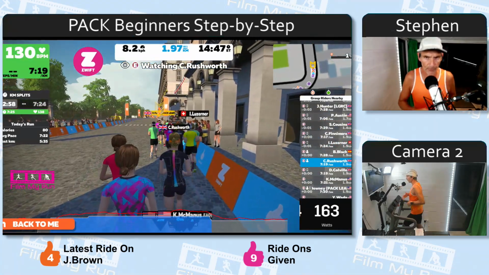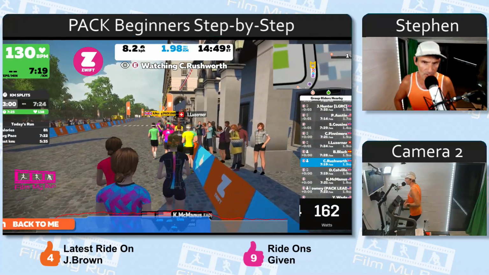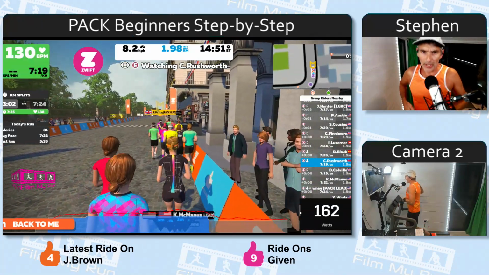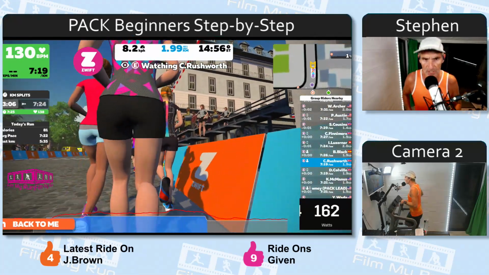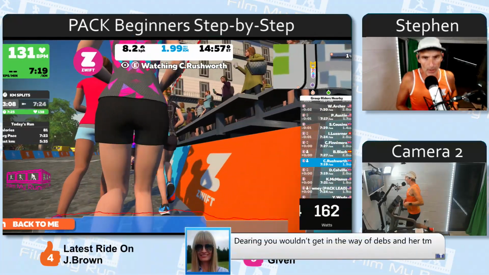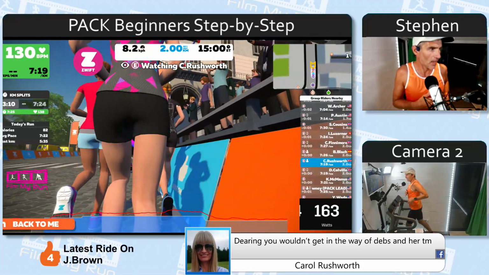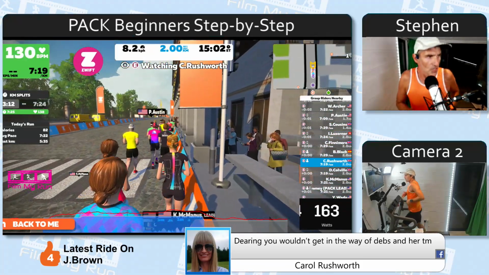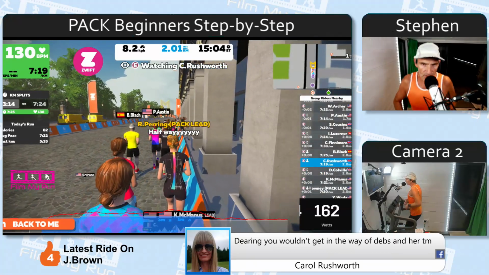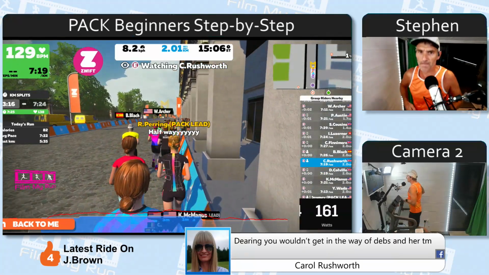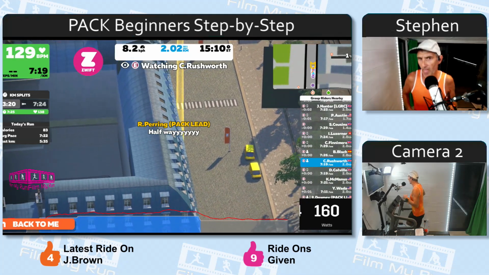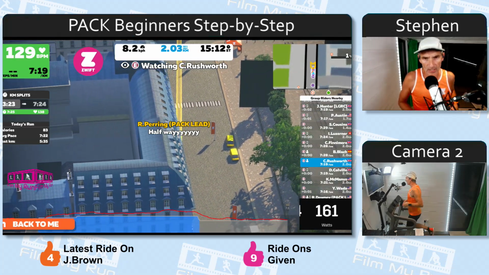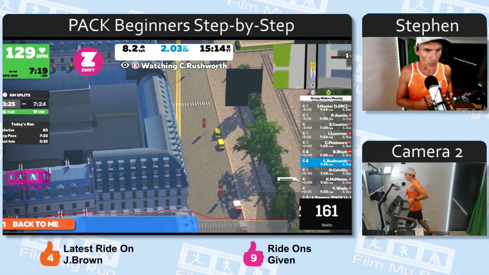So I have Hokas for outdoor running. I use Speed Goats, so Hoka Speed Goats. I've been through a few different kinds: Speed Goat 2, Speed Goat 3, and Evo Speed Goats. So yes, different shoes for indoors and outdoors.